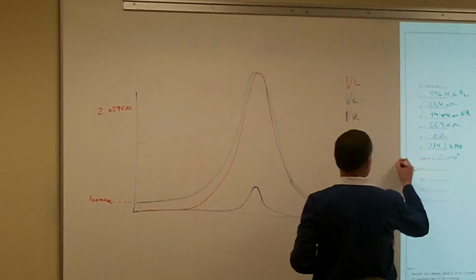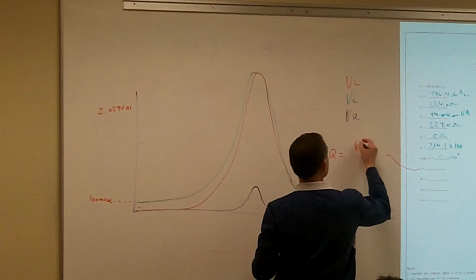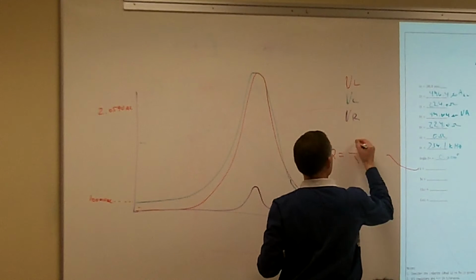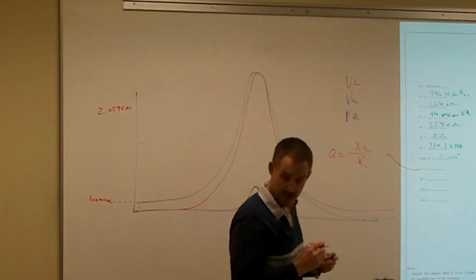the quality of your circuit is based on the resistance, so Q is equal to X of L over R. Sure I have that right.